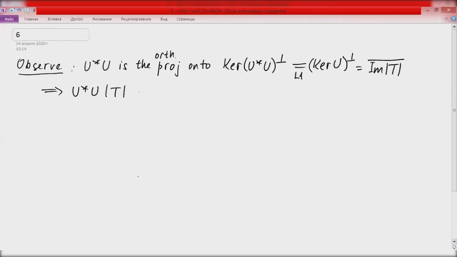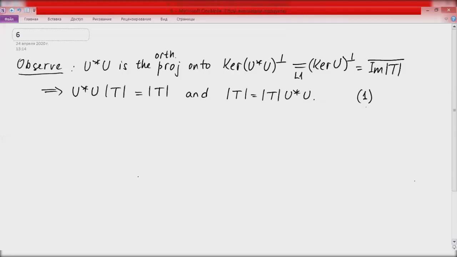So this equals just the modulus of T. And if we take the adjoint operators here, we get that the modulus of T equals the modulus of T multiplied by U star U. And let it be formula 1. So for future reference, let's give a number to this formula.